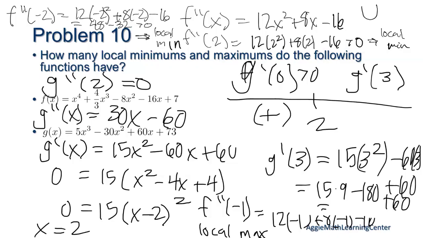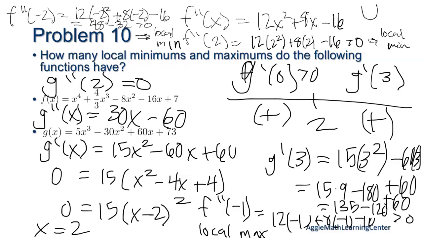What'd you say? 135? 135 minus 120? Negative 180 plus 60 is negative 120. So that's greater than 0. Whew. Okay. See, if we plugged in 1 billion, we could have avoided that. Just teasing you guys. Okay, so this is also positive.